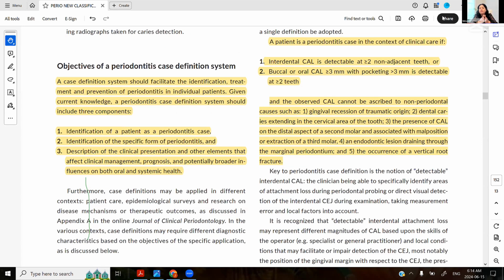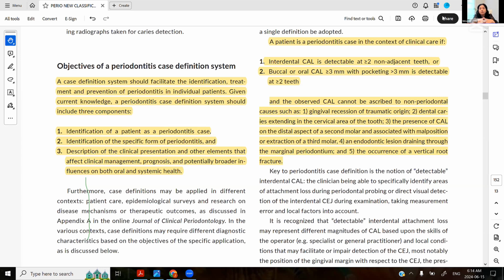Now, a patient is a periodontitis case in the context of clinical care. So how would you define your periodontitis? First of all, the attachment loss should be detectable at at least 2 non-adjacent teeth, right? So a single tooth affected with attachment loss is a localized problem on that tooth, not periodontitis. It would not be categorized as periodontitis, right?